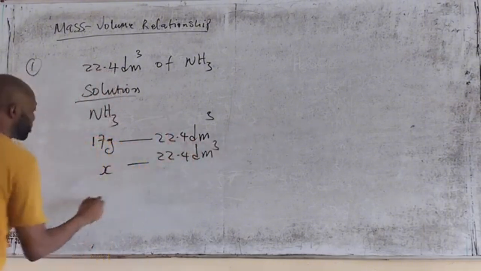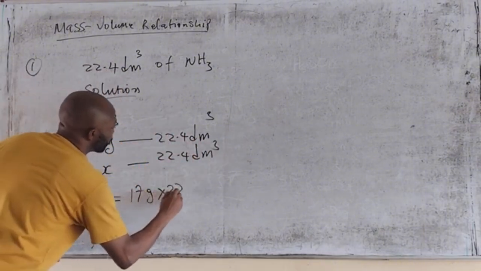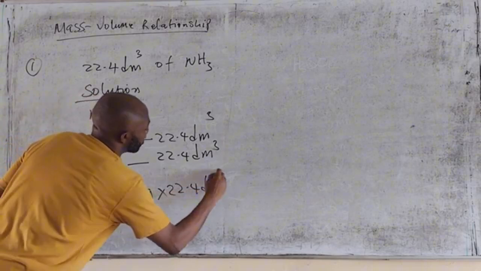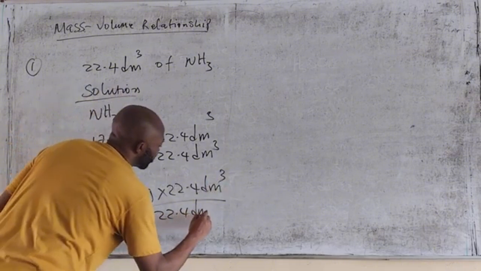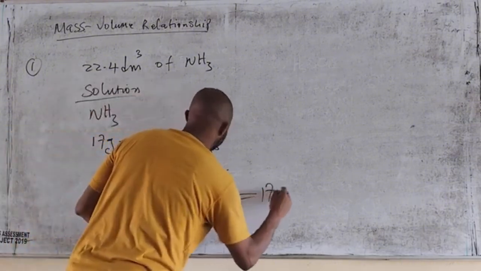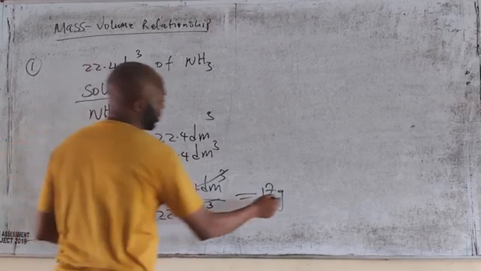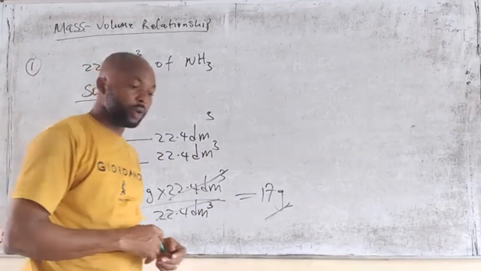We have x equals 17 grams times 22.4 dm cube all over 22.4 dm cube. So this will cancel this, and I'm left with 17 grams.